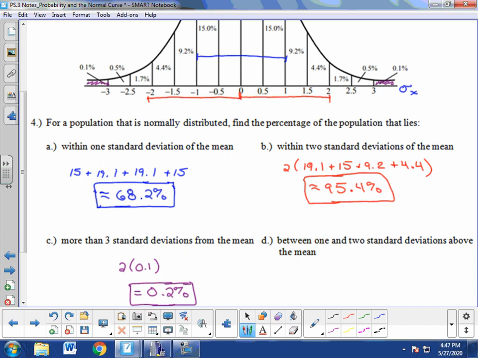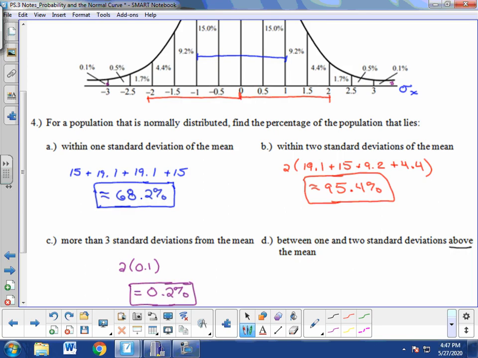Finally, question D says to find the percentage that lie between 1 standard deviation and 2 standard deviations above the mean. So notice some keywords here. This says above the mean. So what we're looking for is from 1 standard deviation to 2 standard deviations and only above the mean.